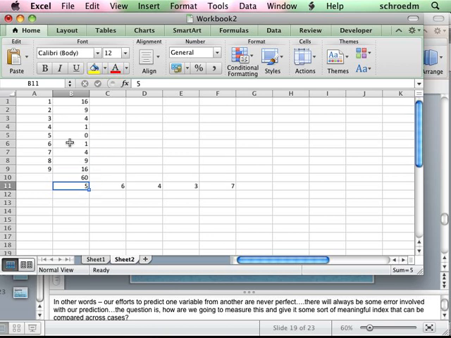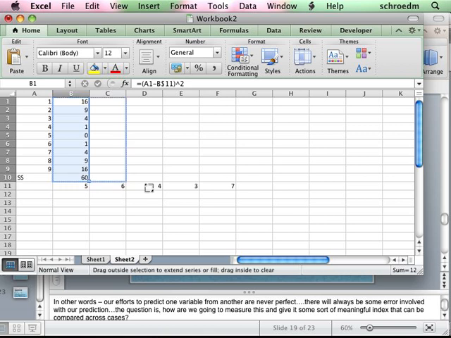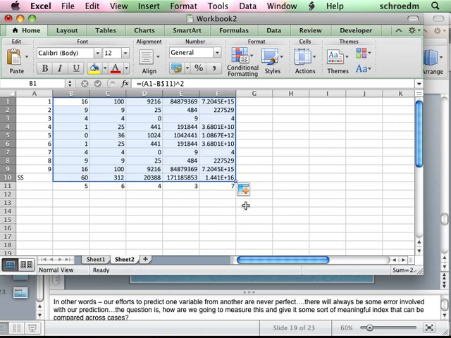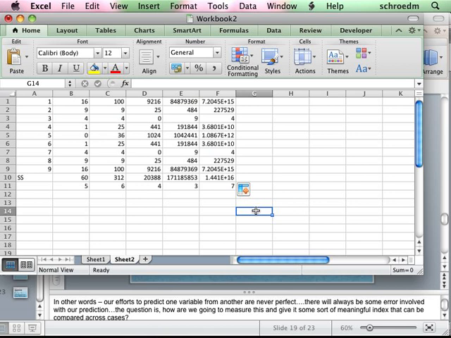And so basically I'm getting my sum of squares. And what the mean does is it minimizes my sum of squares. Any other value that I pick is going to make my sum of squares larger.